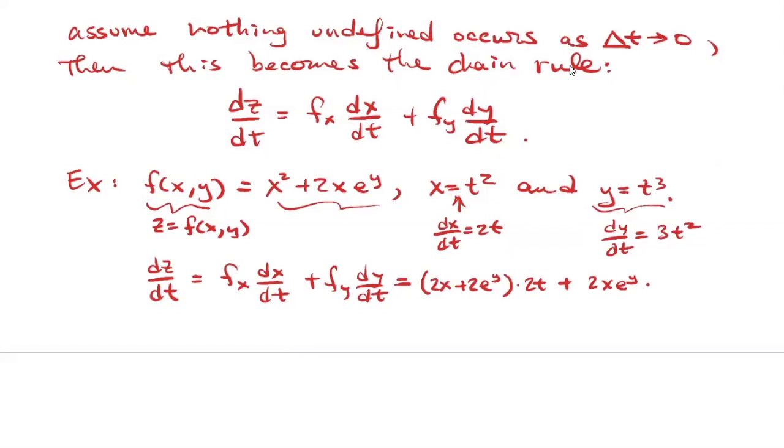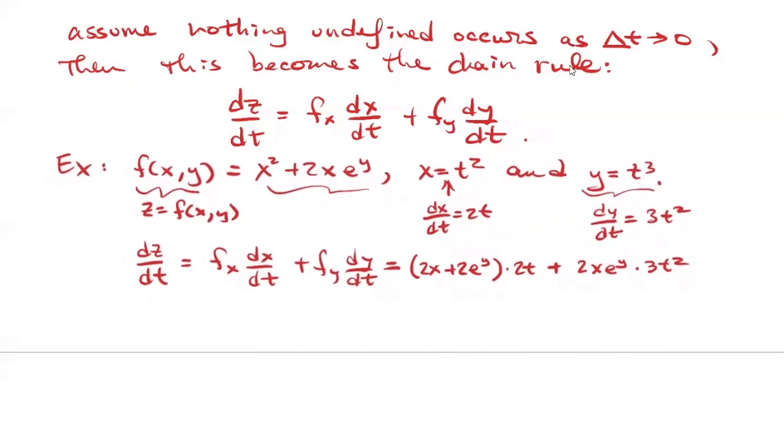Like that, so we'll multiply by 3t squared. Doesn't look bad, but there's too many variables here.